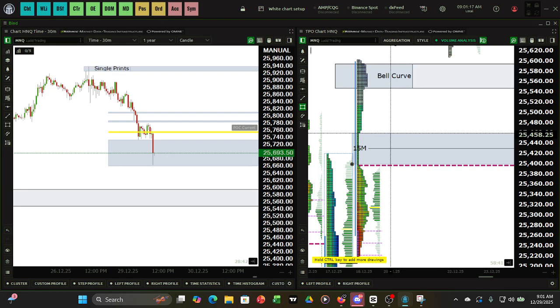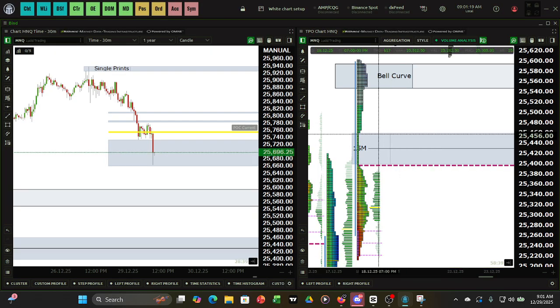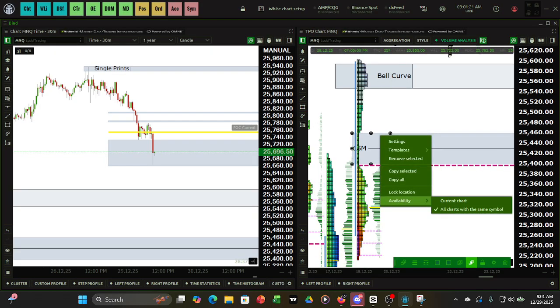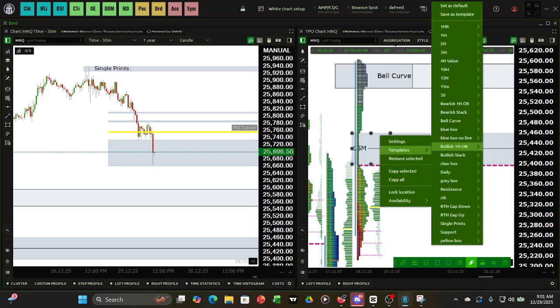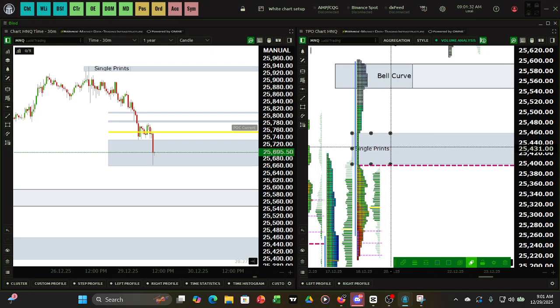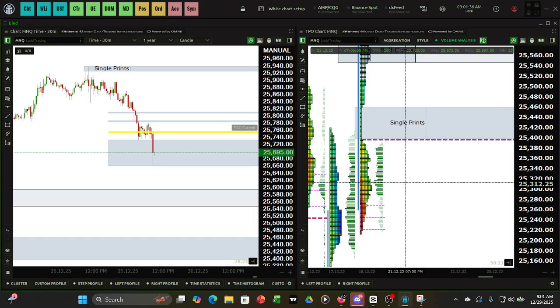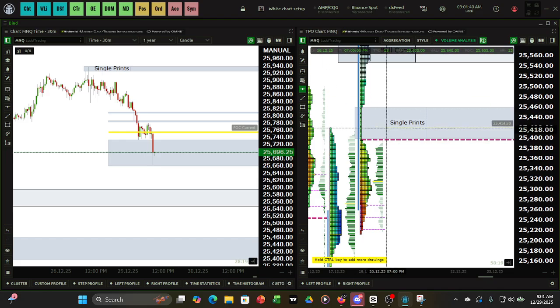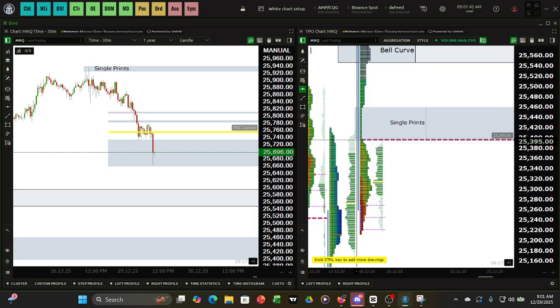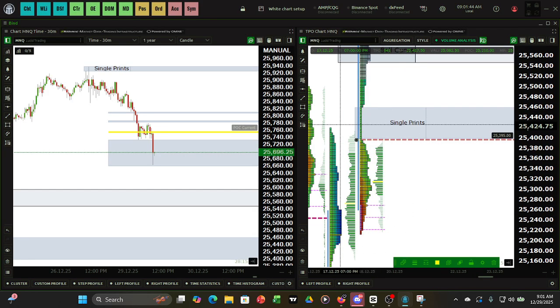Bunch of single prints right there. Basically, that's just thin air. And then I got my value area, my POC, right? So now I'm gonna come and mark the value area high.